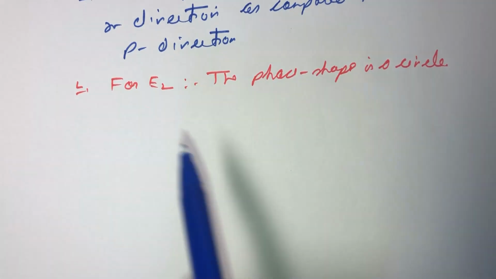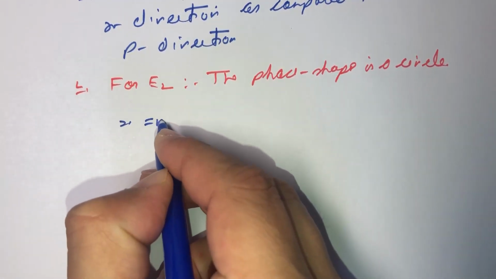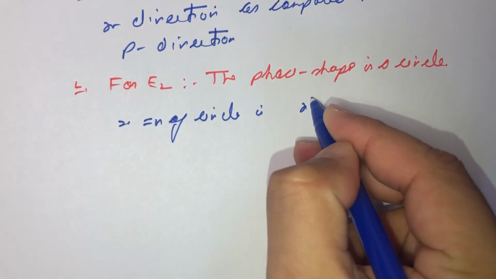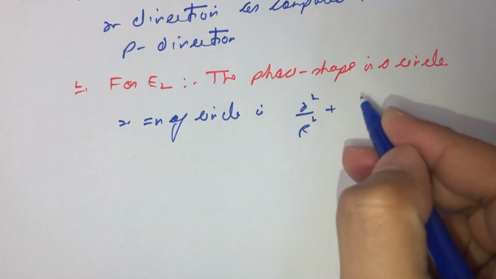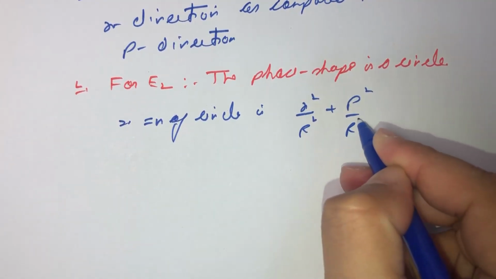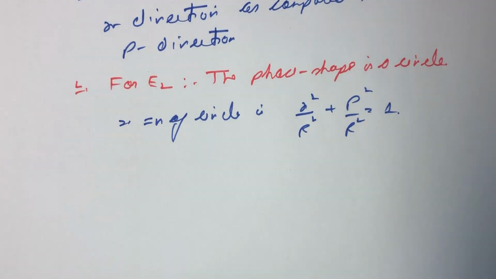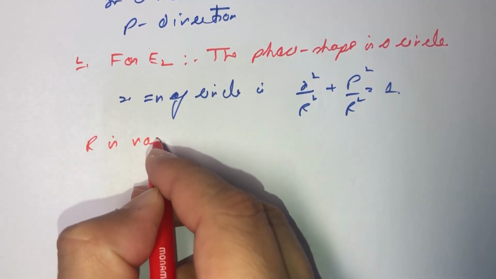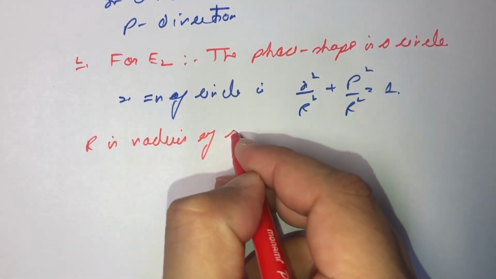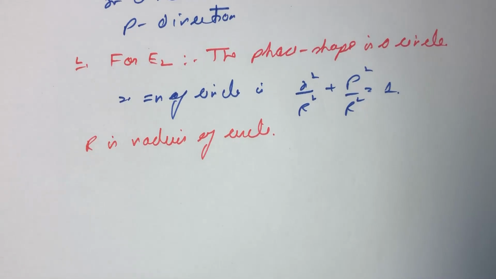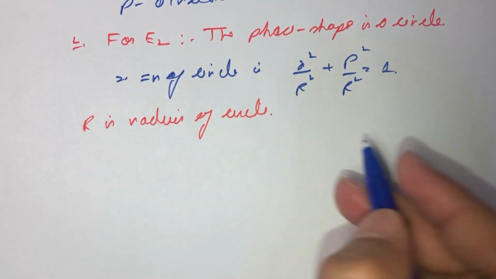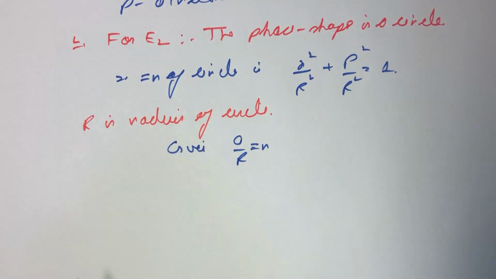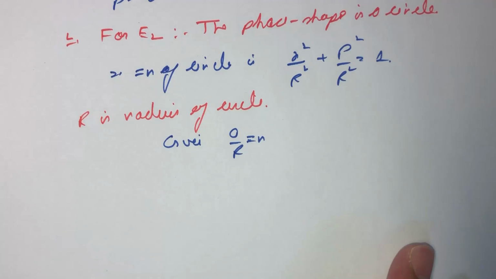So the equation of the circle can be written as x square upon r square plus p square upon r square is equal to 1, where r is the radius of circle, and it is also given that a upon r is equal to n. From here we can say it is symmetrical about the origin.